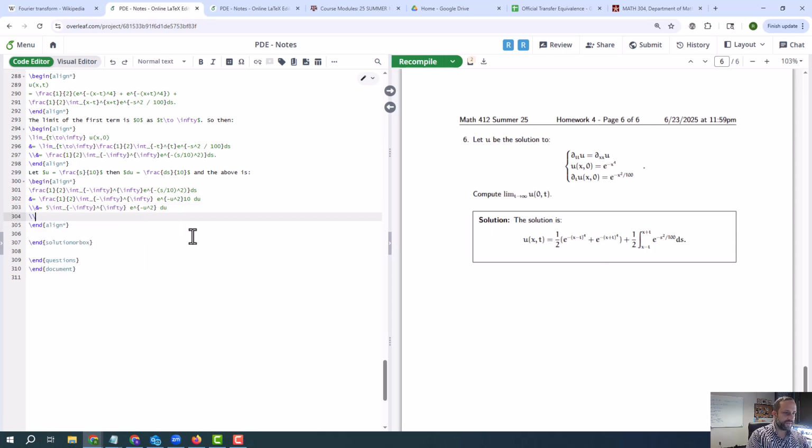And now I'm going to do something that's going to kill some of you guys. This is obviously equal to 5 times the square root of pi, where in the last step we use the well-known fact that this integral here is equal to the square root of pi, except without the 5.